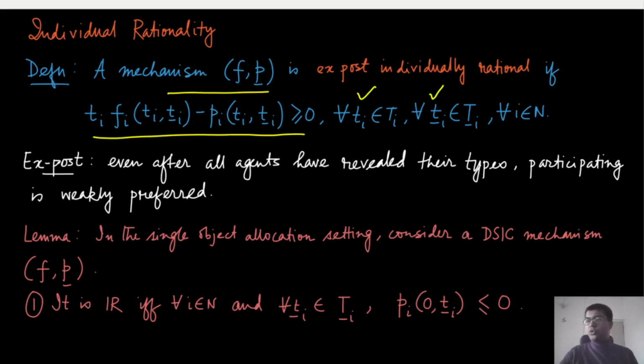So even though the agents could see the other players' types, after the game is over when everybody sees everybody's type, it is still beneficial for them to participate in this game. That is ex post individual rationality. Note that this is much stronger than interim or ex ante individual rationality. Even if something is ex post individually rational, of course it is going to be interim or ex ante individually rational.